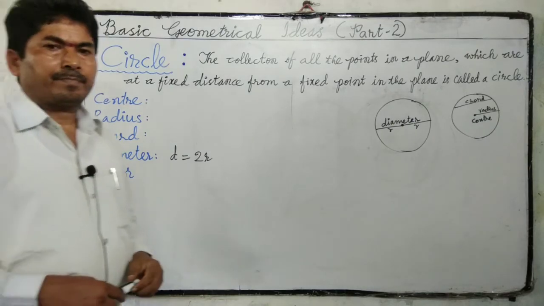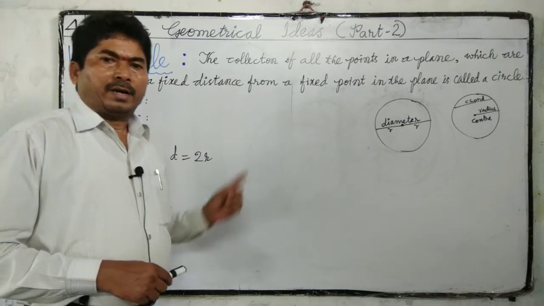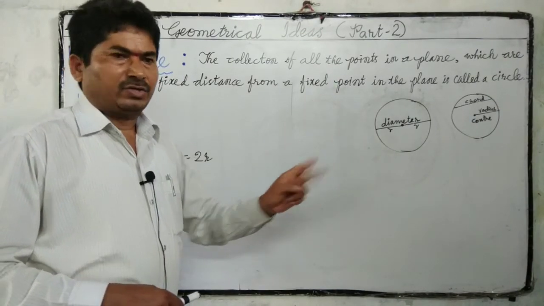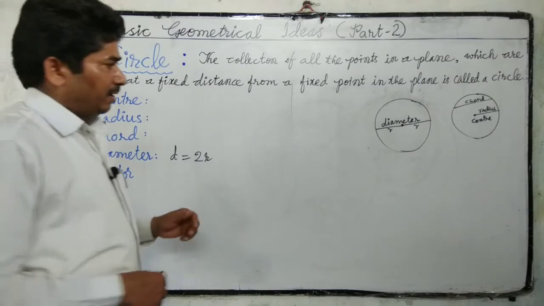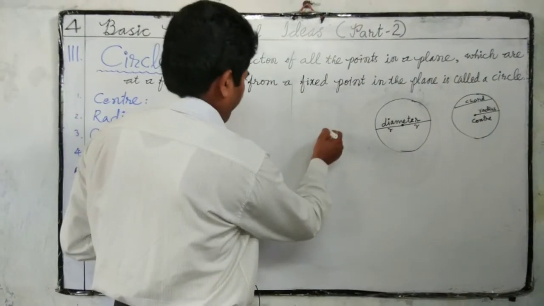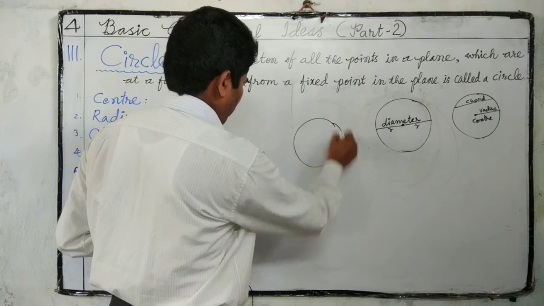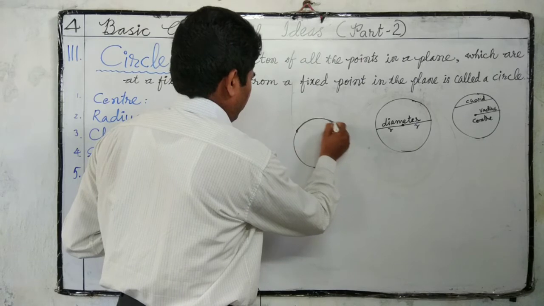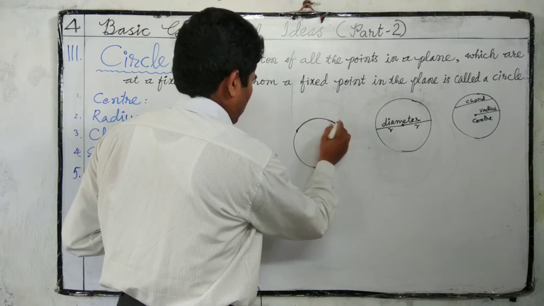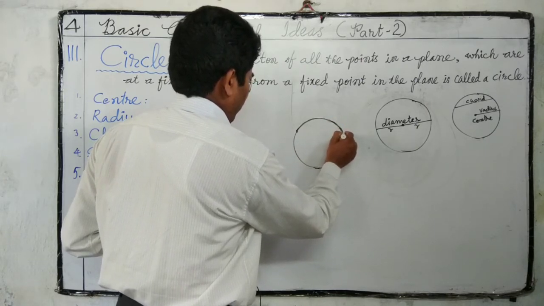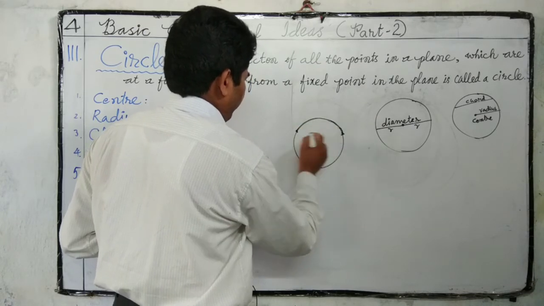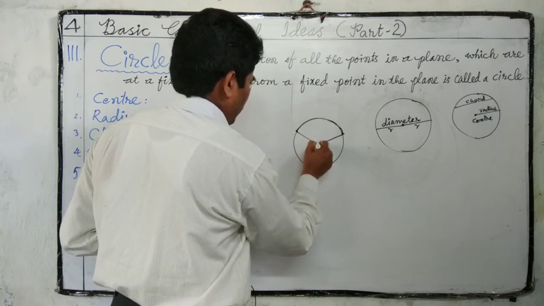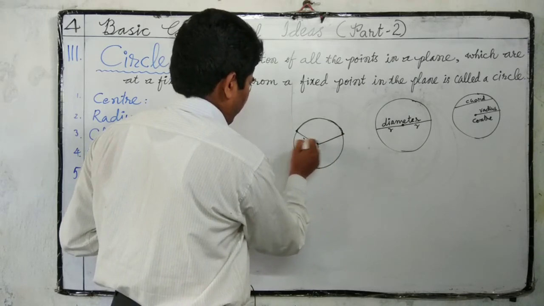Sector. Region enclosed by an arc and 2 radii is called sector. Let us observe in a figure. This is an arc. Arc is a part of a circle, and these are 2 radii.